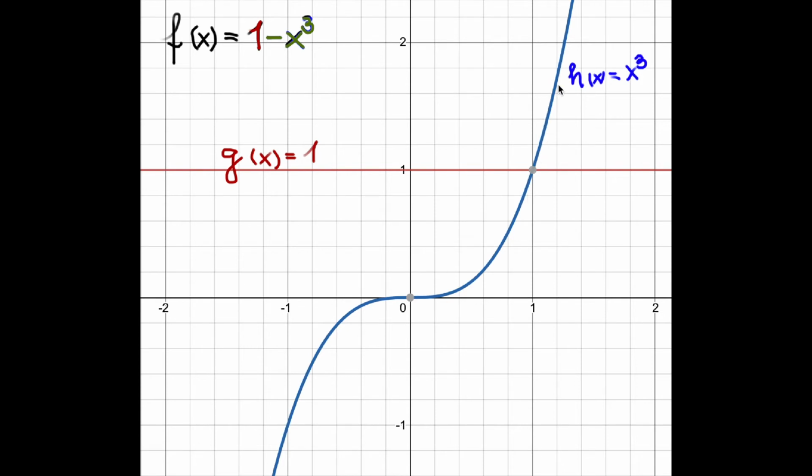For 0, the function value is still 0. For 1, the function value now is not 1, but minus 1. For all other x, the same story. Distance to the x-axis is the same, but with opposite sign. So we get the green curve.